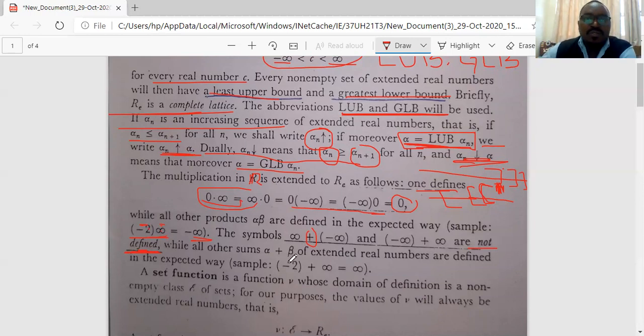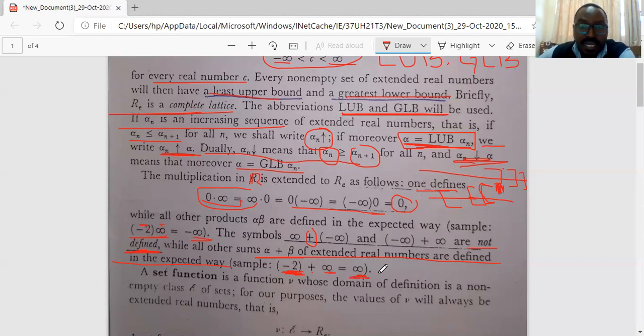All other values of alpha are extended numbers. These are defined in a simple way: any small value plus the positive infinity is simply absorbed. A very small number plus a very large number is a very large number. So the very large number still remains.